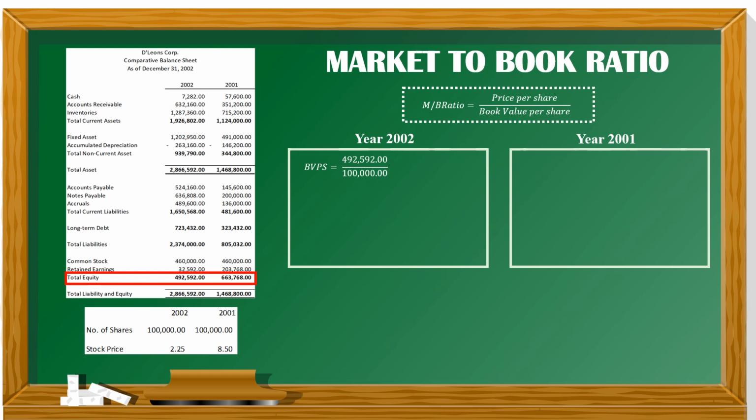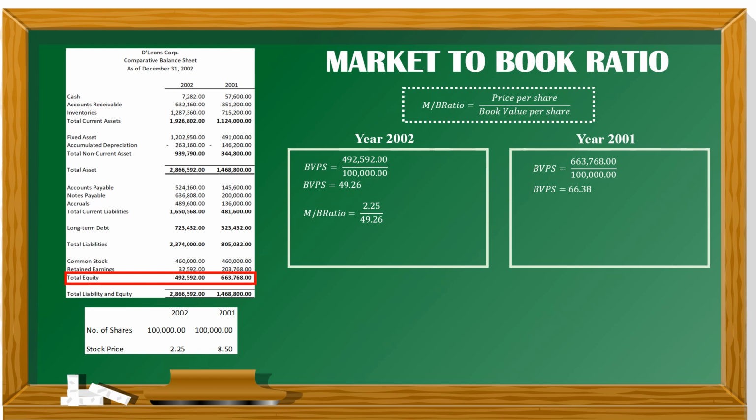In 2001, we have 663,768 divided by 100,000 total number of shares. For 2002, we have a book value per share of 49.26, and in 2001, the book value per share is 66.38.